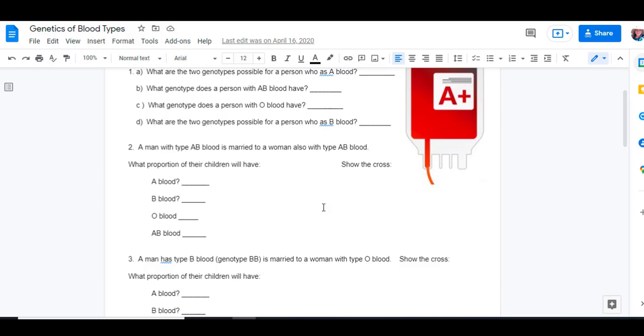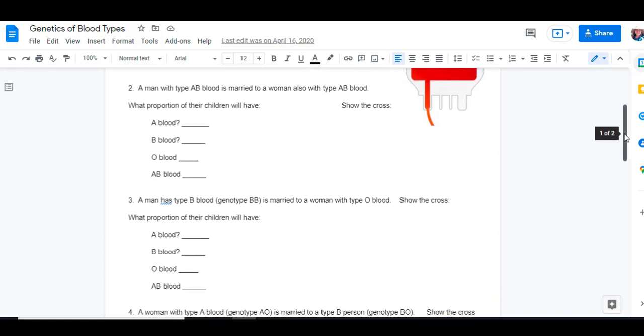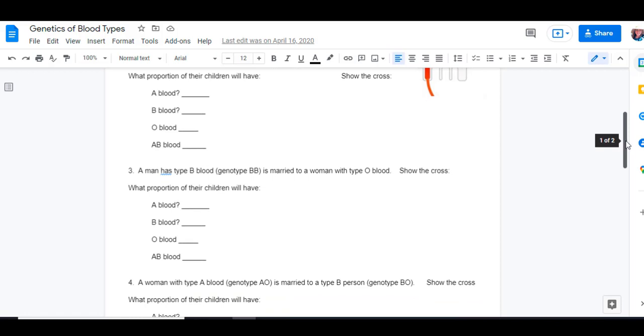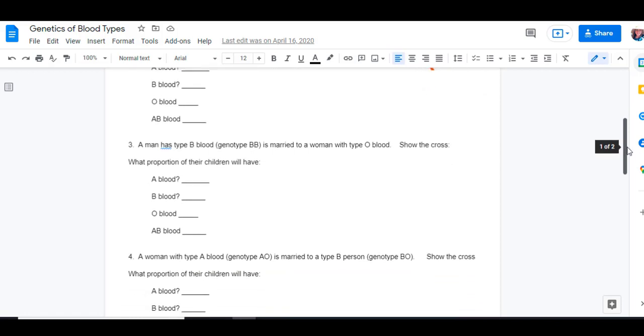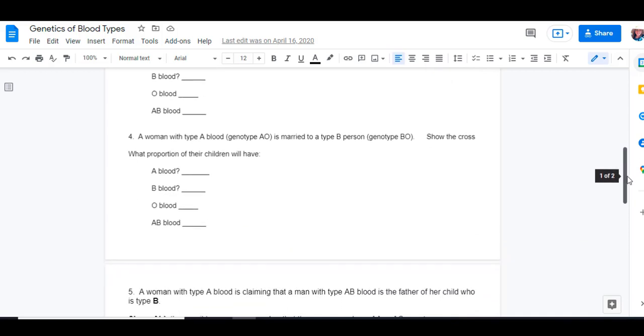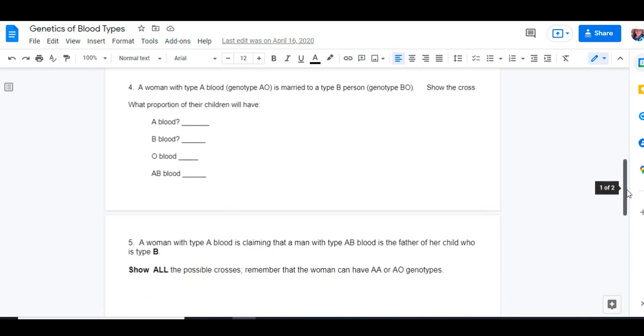So to solve these problems, in number 3 here, you're told what blood type the man has, type B blood. With O, there's only one option. Again, you're told in number 4 what the genotype of those 2 parents are. They're both heterozygous.